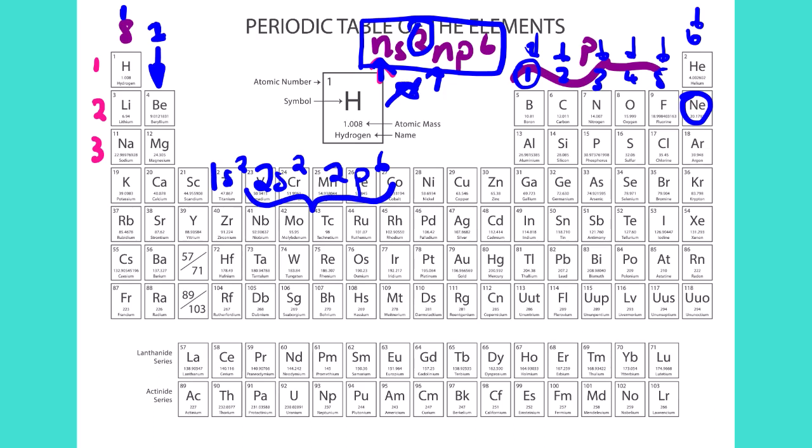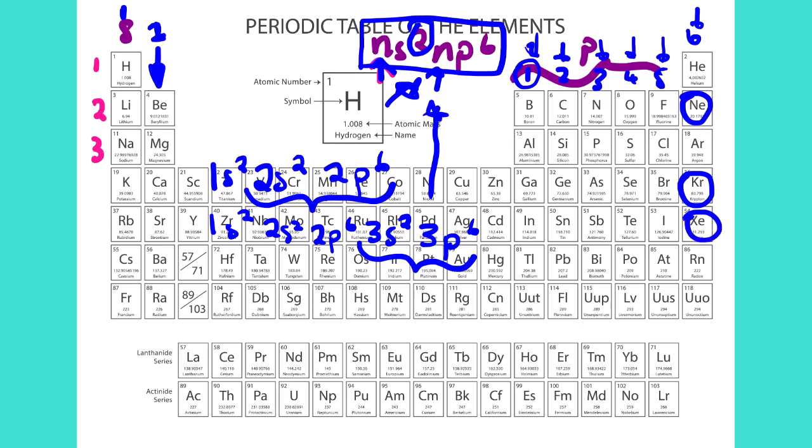Looking at argon, argon will be 1s2 2s2 2p6 3s2 3p6. Now looking at this, we can actually see that it also has this. This goes on to krypton, xenon. I hope you can see how we answer this type of questions.